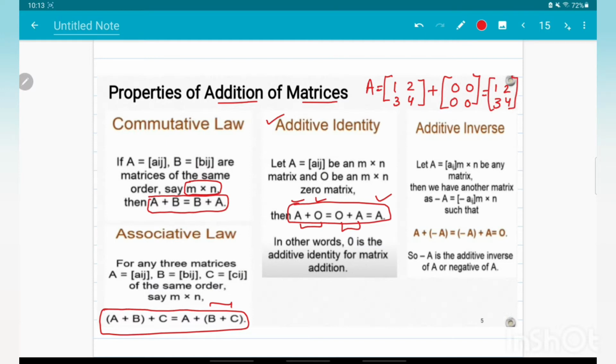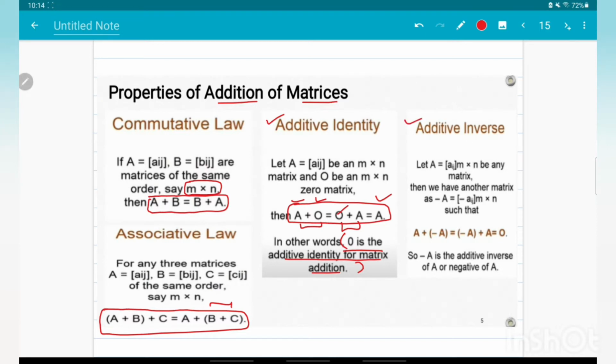That is, the final answer will be your matrix A itself. So that is called the additive identity law. And here the null matrix, that is matrix O, is called the additive identity for the matrix addition, because whenever you add this null matrix to any other matrix, the final answer will be that particular matrix itself.